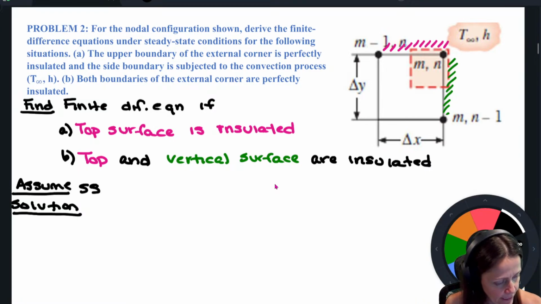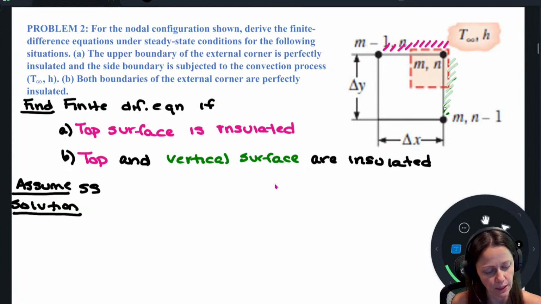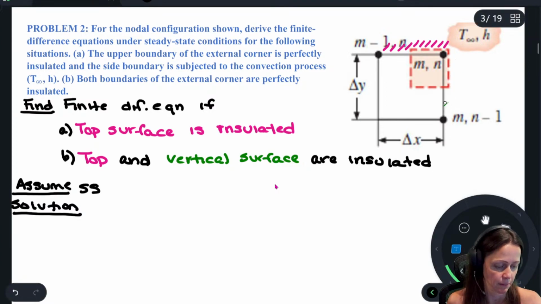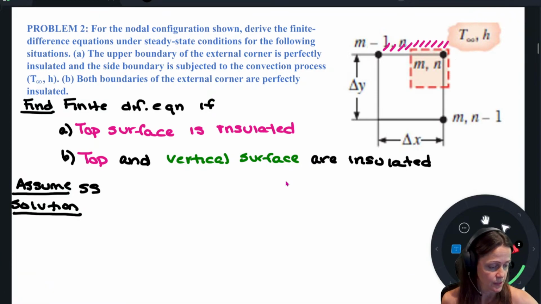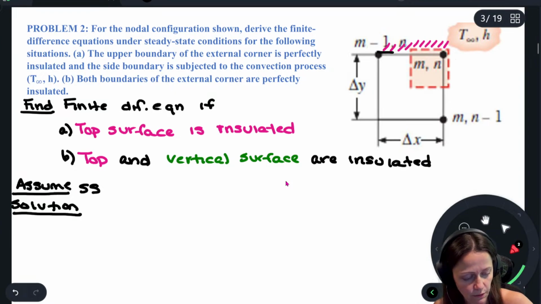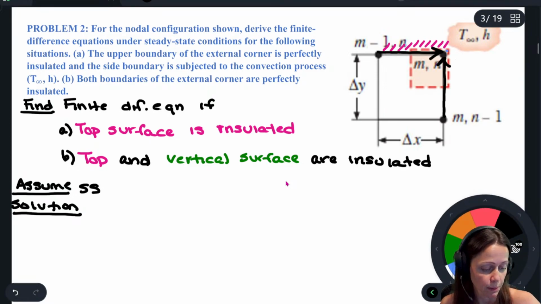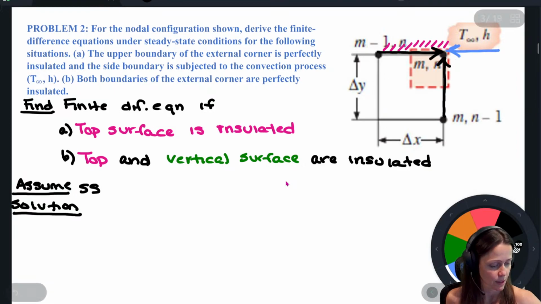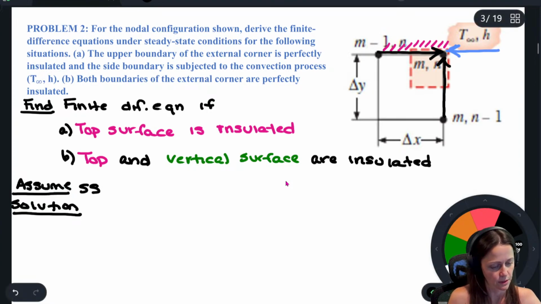I'm going to erase this green so I don't get confused, and I'll bring it back when we start talking about B. If it's just the top surface, let's draw those vectors. I have a Q by conduction coming from the left, from the bottom, and coming in right here. So let's sum them all up. I'll start at 3 o'clock, with the convection.